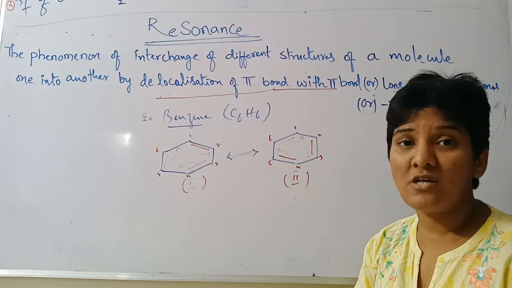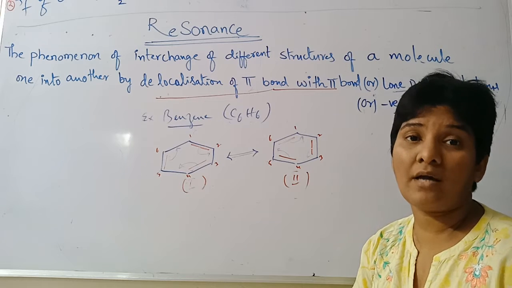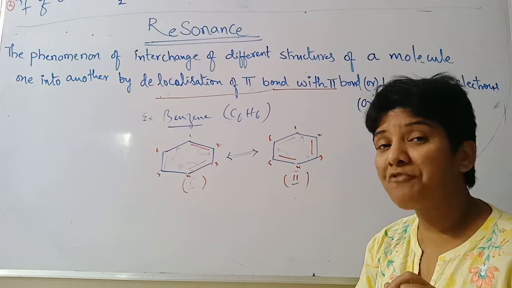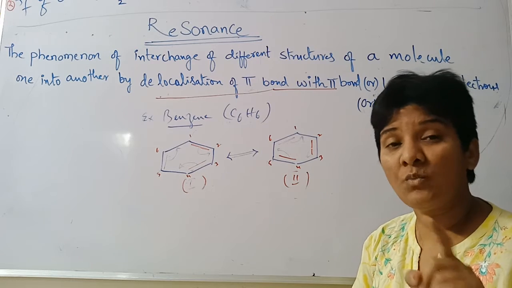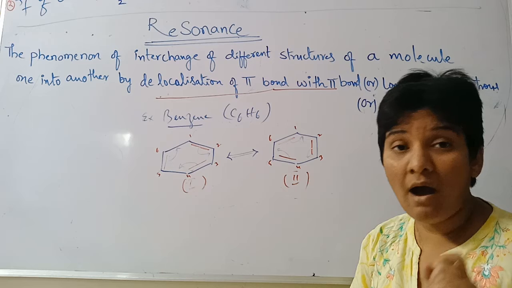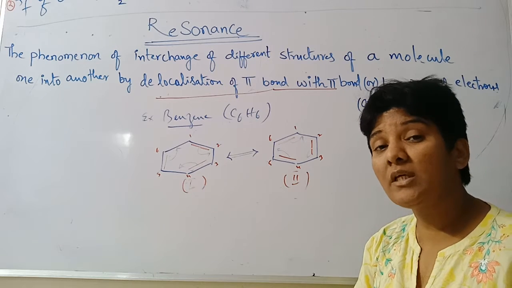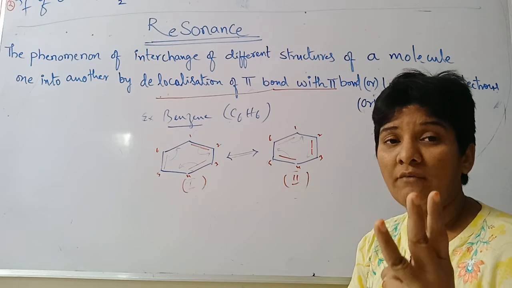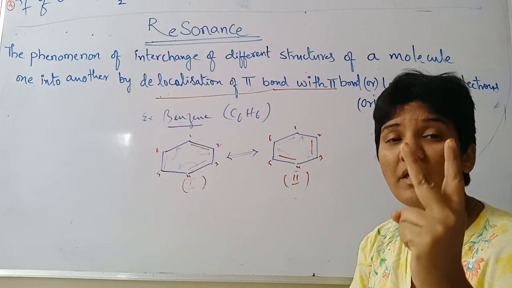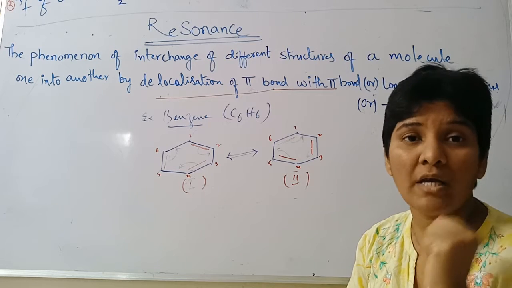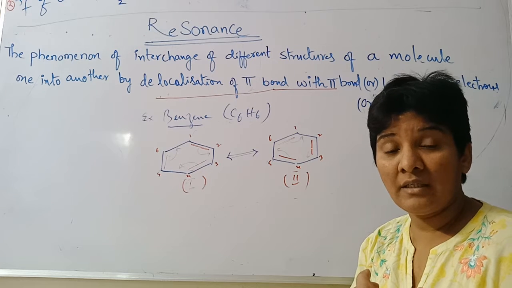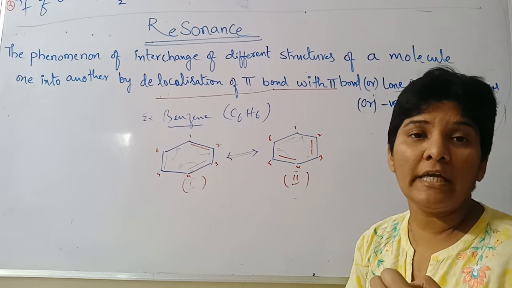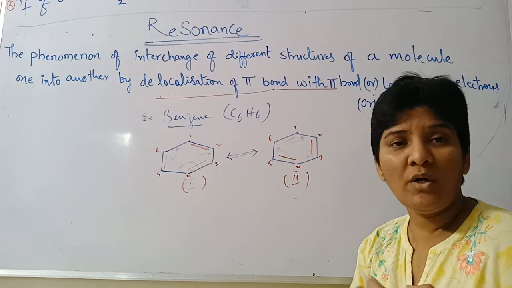But in alkenes and alkynes, in alkenes you find a C=C double bond between the carbons, with 1 sigma and 1 pi. In alkynes, between the carbons you find a triple bond, with 1 sigma and the remaining 2 being pi bonds. So as the number of pi bonds increases, the instability of the molecule increases, because the pi bond is weaker.